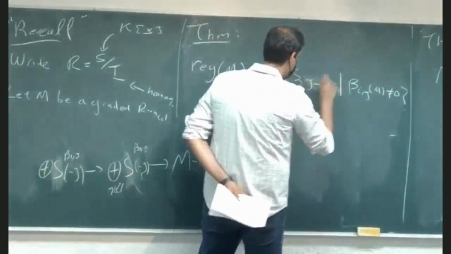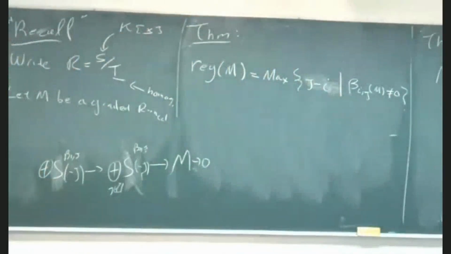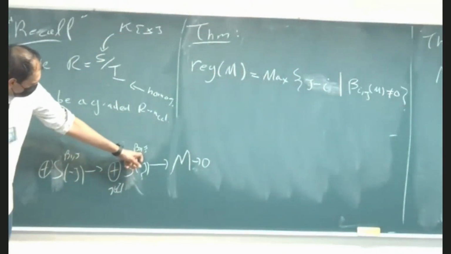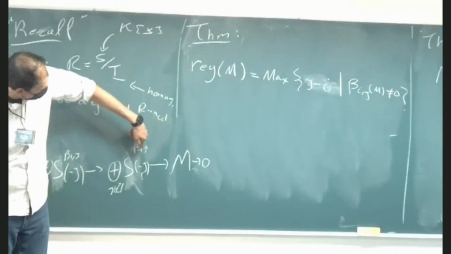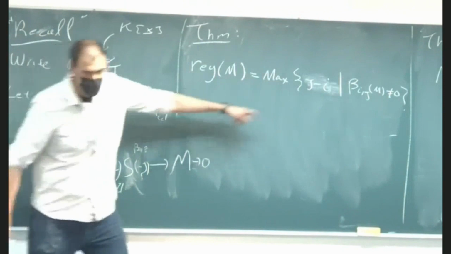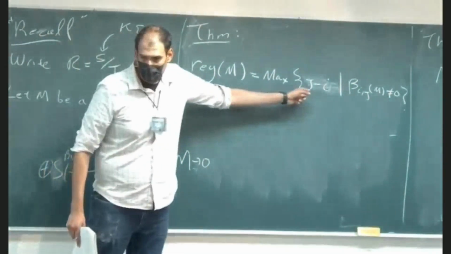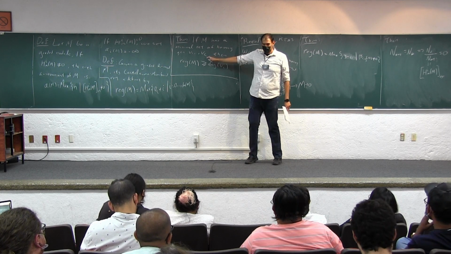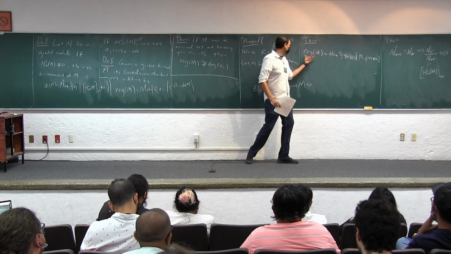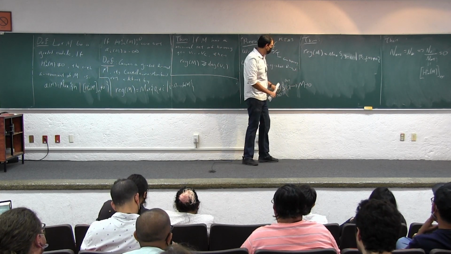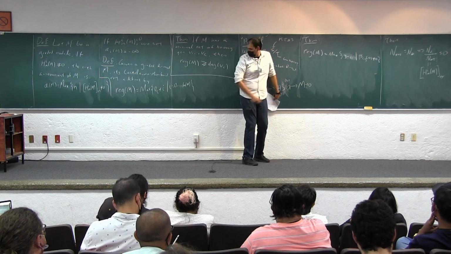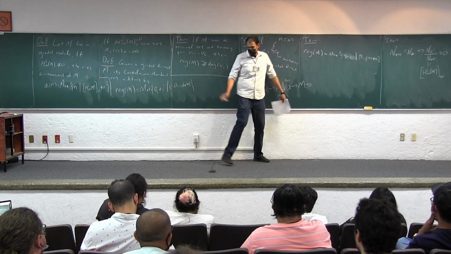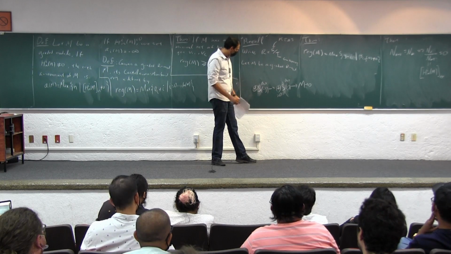The max of this J minus 0 has to be here, and this J corresponds to the degrees of the minimal generators. So to prove that this is bigger than the part given by this one is the same as proving this.